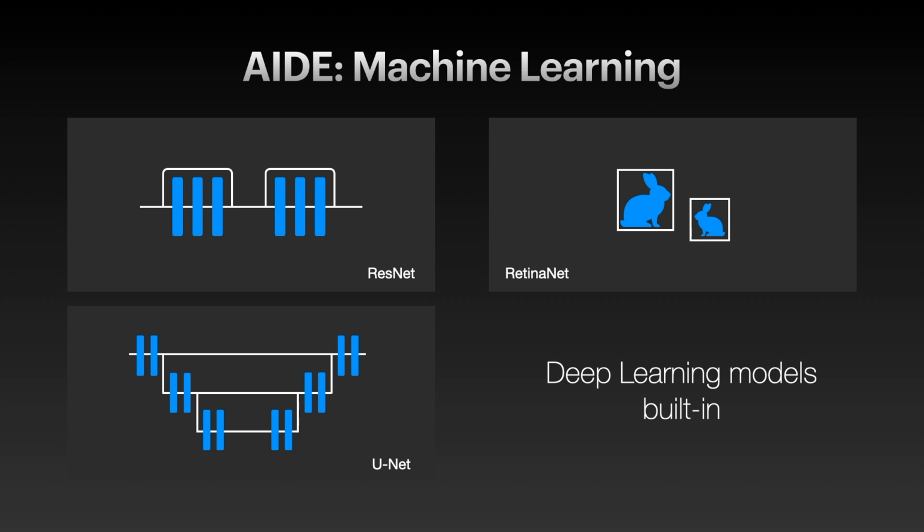AIDE comes with popular deep learning-based models built in, including ResNet for image classification, RetinaNet for object detection with bounding boxes, and UNet for pixel-wise semantic segmentation. All models are readily available and customizable through the web browser and do not require a single line of code.